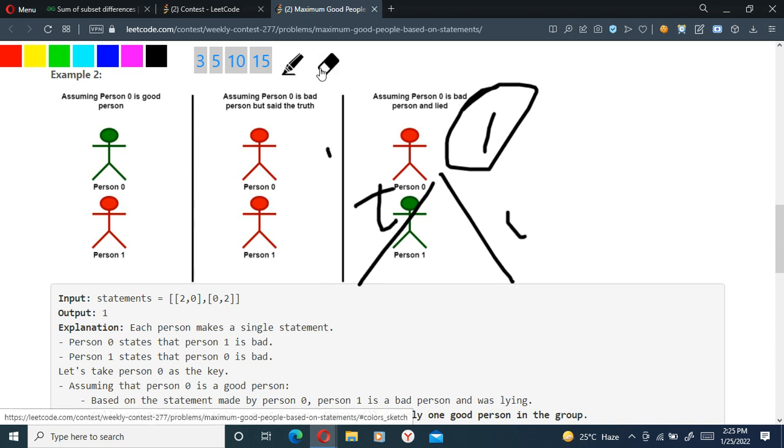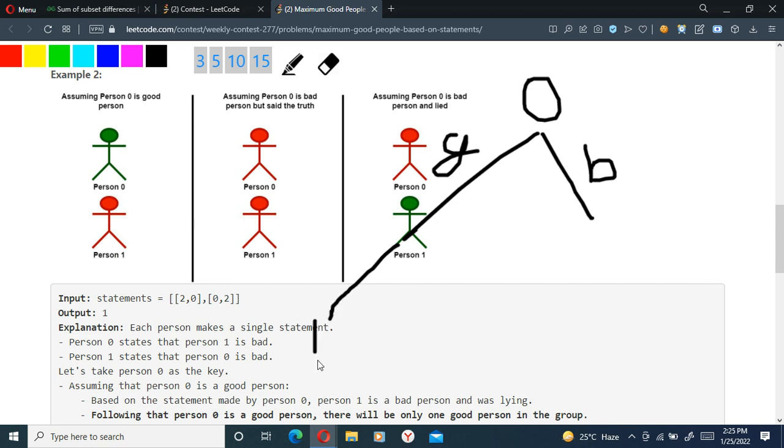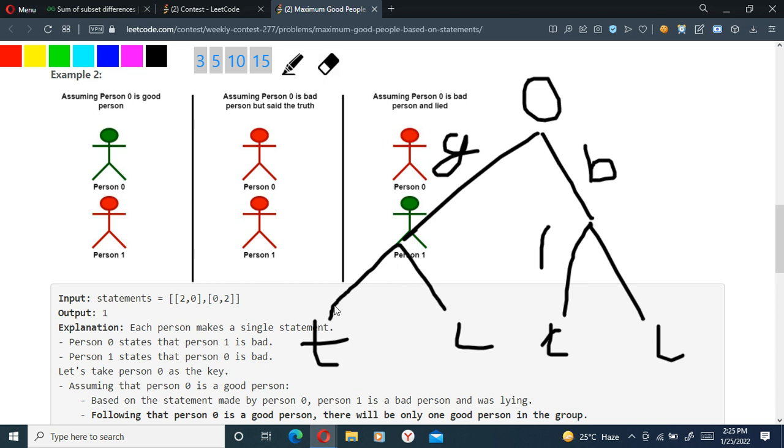But beforehand, I also need one thing. This is my first, 0th person. Could be a good person or a bad person. Now comes the multiple cases. If that person is good, he could be telling me the truth or he could be lying. Again, if this person is a bad person, he could either be telling me the truth or he could be lying. So these are the two conditions.